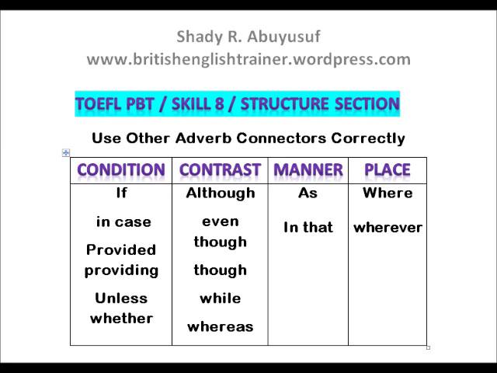The condition connectors are if, in case, provided, providing, unless, whether. The contrast connectors are although, even though, while, whereas. For the manner connectors, we've got as, in that. And for the place connectors, we've got where, wherever.